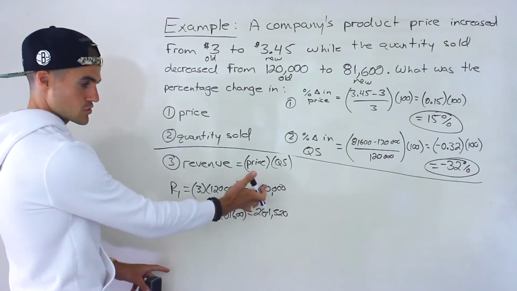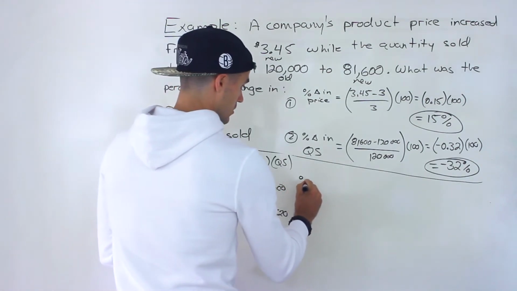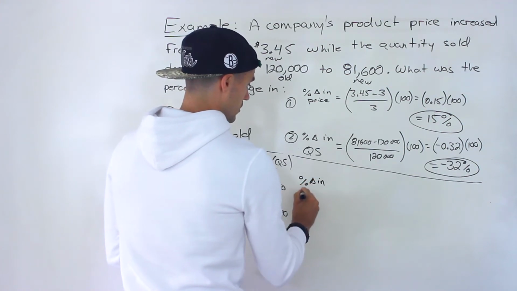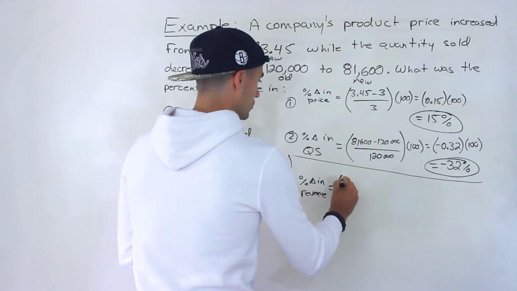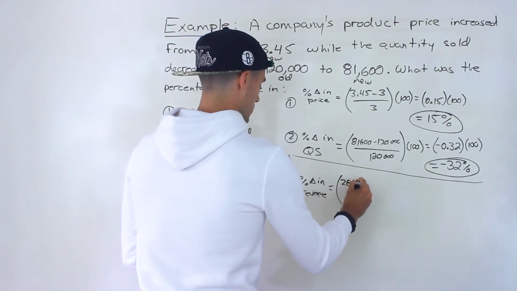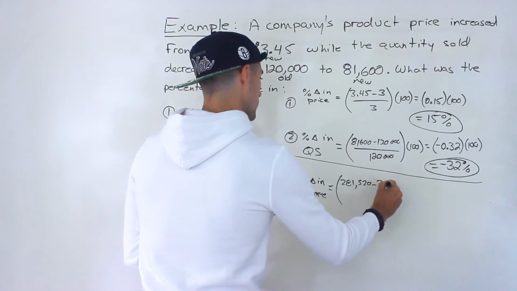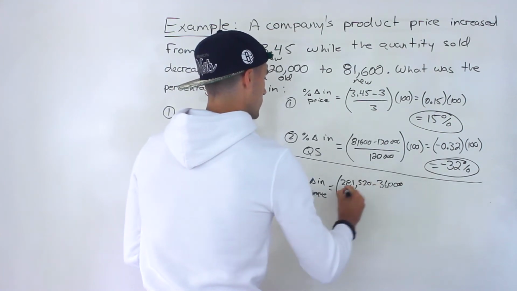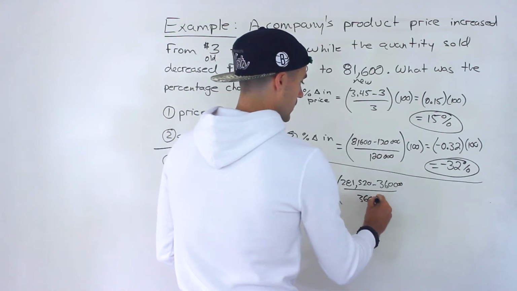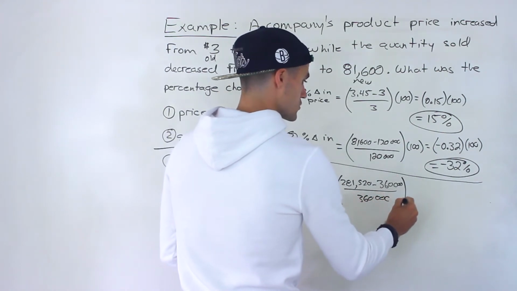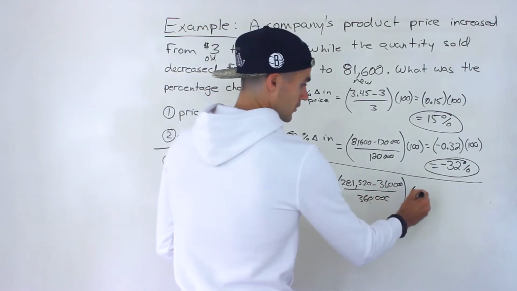And so we could use both of these numbers now to find the percentage change in revenue. Same formula. New minus old. So notice that the revenue went down actually. And you can actually tell that it went down before doing all this, I'll show you why. So new minus old over old times 100.